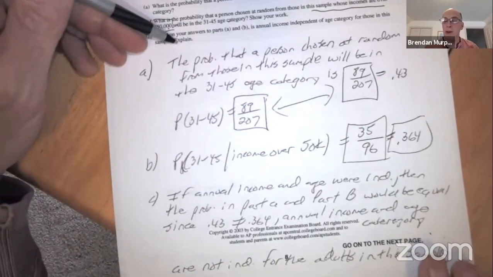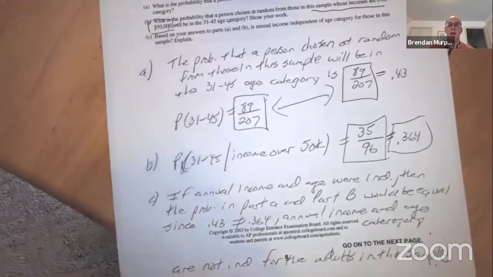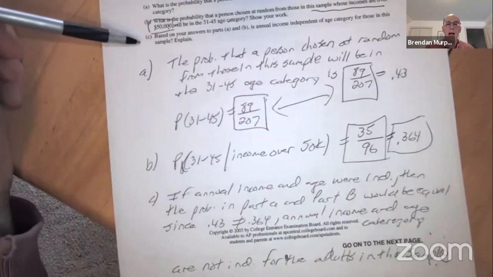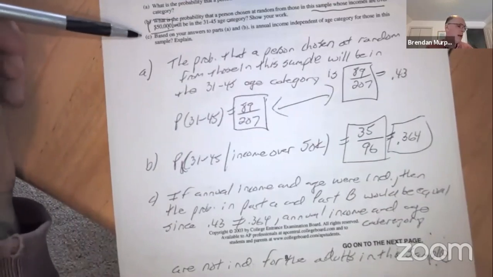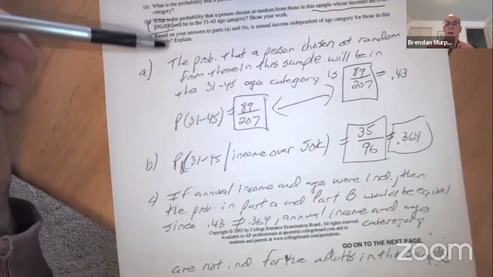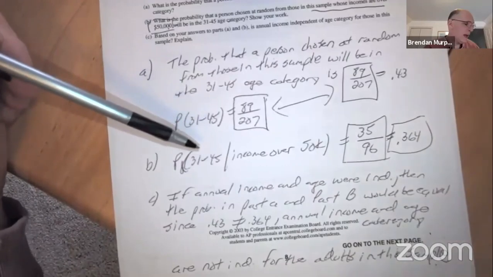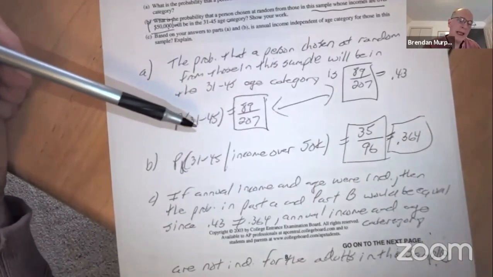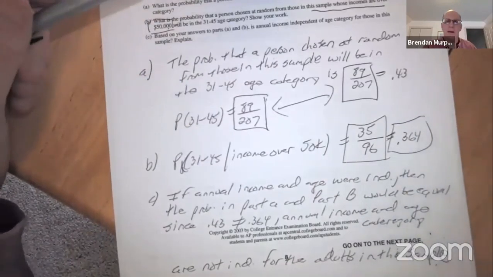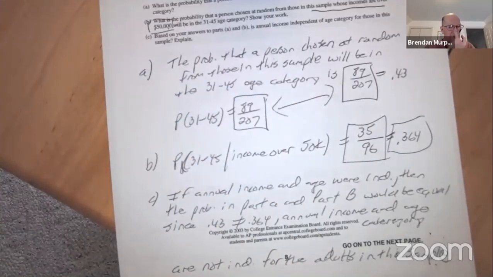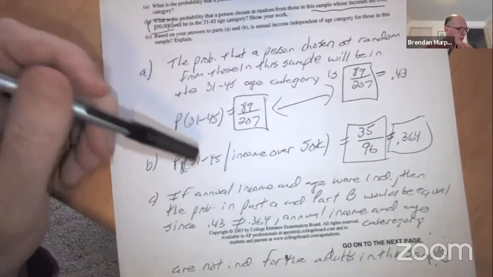Many times we see kids trying to answer this in words. Yes, they're independent because one doesn't impact the other, or no, they're not independent because one impacts the other. It's impossible to answer part C on the AP Stats exam without some numbers and some backup. So you really can't just answer it in words. We need you to take a look at some numbers and tell us what's going on and make a decision.